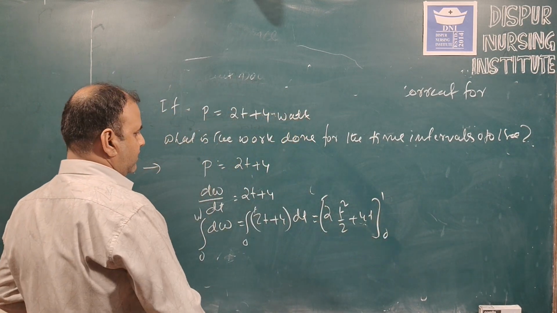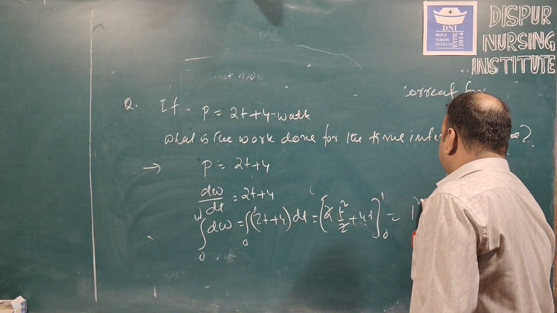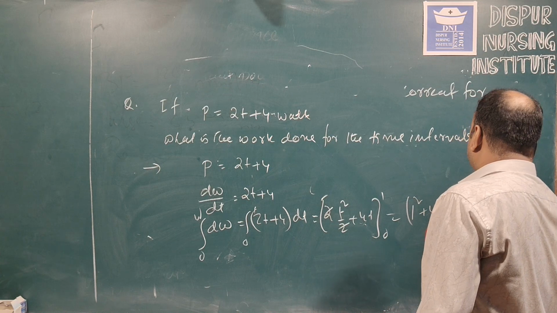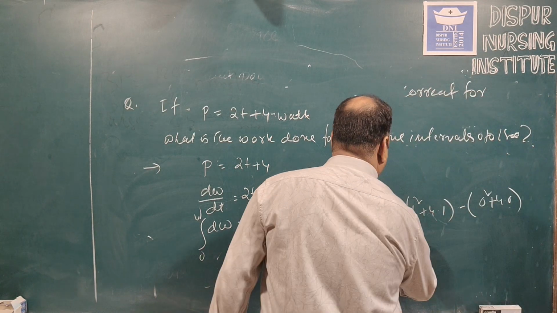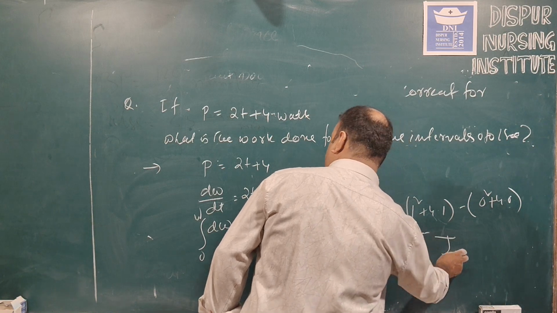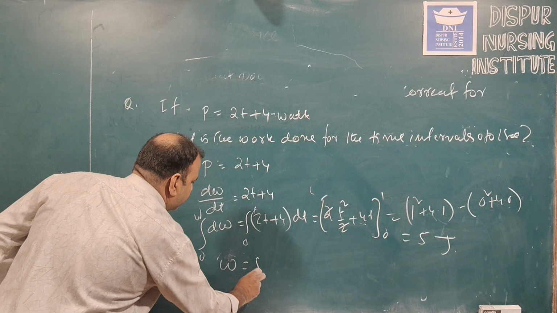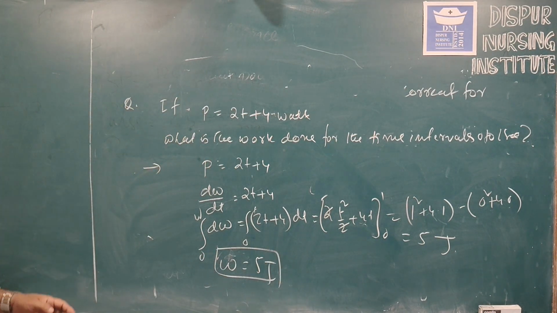The 2 cancels, so it will be 1 square plus 4 into 1, minus 0 square plus 4 into 0. So ultimately we get 5 joule. So work done will be 5 joule.